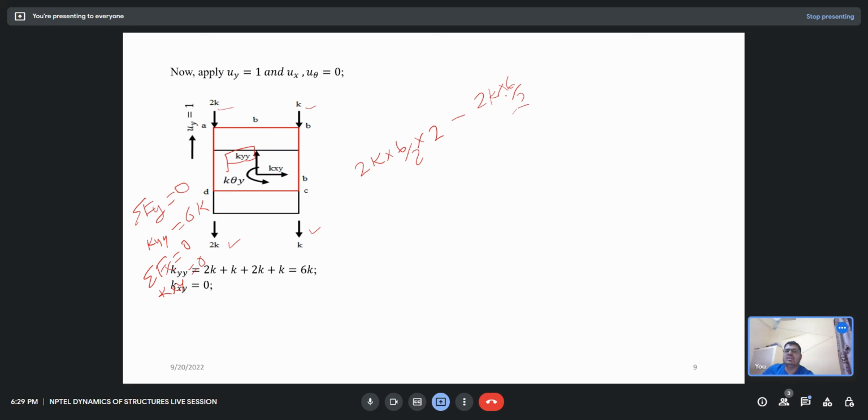So if you solve this, that is 2kb minus kb, so kb plus k theta y is equal to 0. So k theta y comes out to be minus kb.